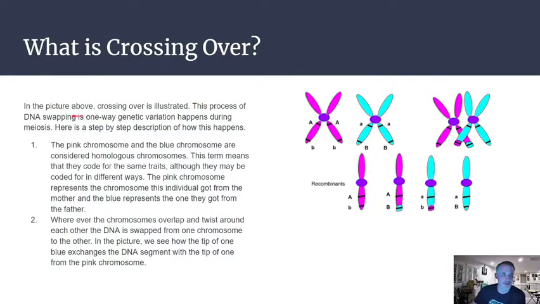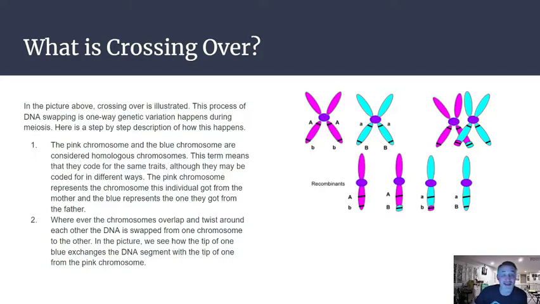So if we take a look, this is basically going to outline what I just talked about, but we'll put it in words instead of just looking at the picture. In the picture, crossing over is illustrated. The process of DNA swapping is one way genetic variation happens during meiosis. So if you take a look, step 1 says the pink chromosome and the blue chromosome are considered homologous chromosomes.